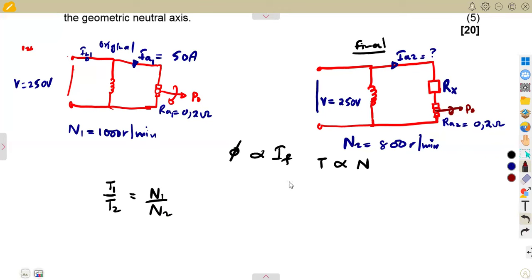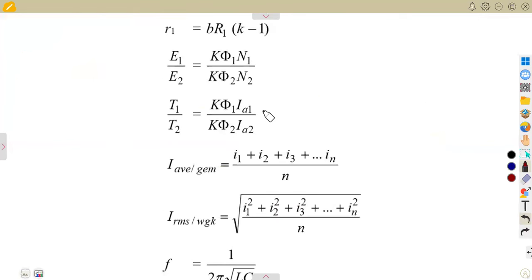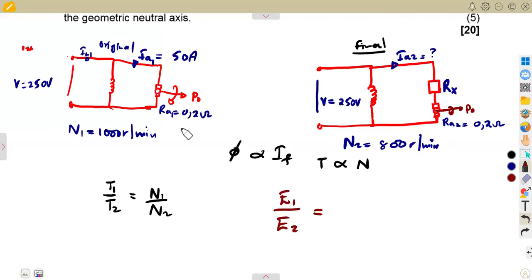At the same sense, if you consider in terms of the EMF, remember, from our ratio E1 over E2 is equal to, we can consider the part of the flux, the part of the current, so many formulas that you're going to consider here on E. If we consider this, remember the K and the K, I said they'll be equal. And also on this condition, if you take your flux 1 to be equal to flux 2, because in this condition we do not have anything about the field.